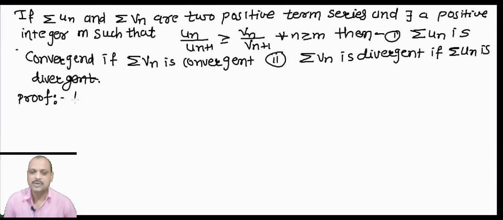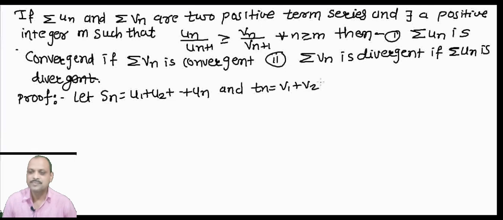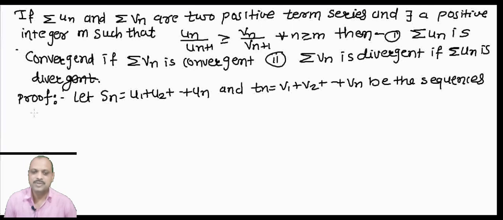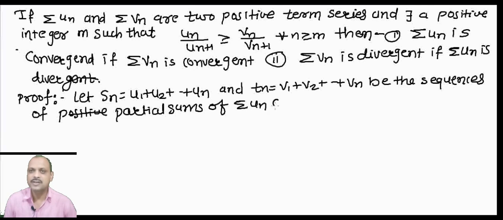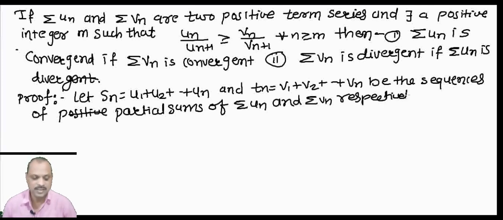Let Sn equal u1 plus u2 plus up to un, and Tn equal v1 plus v2 plus up to vn, be the sequences of partial sums of summation un and summation vn respectively.